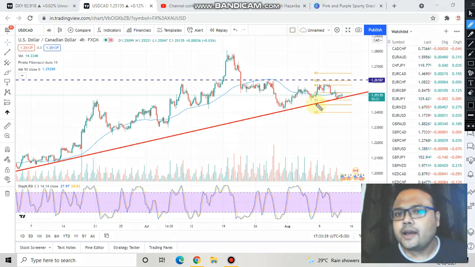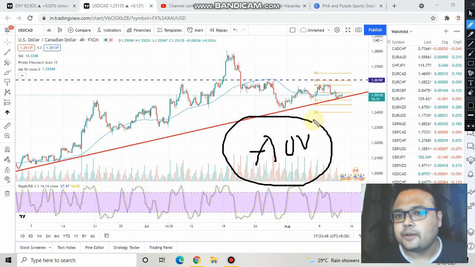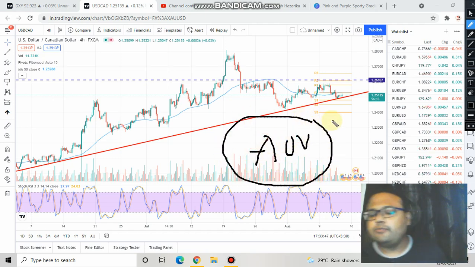And where should we buy? We should always buy at support, because support is the area of value in an uptrend market, which means that if we buy at support, we get the best risk to reward ratio. And while shorting the market, we should always short at resistance, so that we get the best risk to reward ratio.